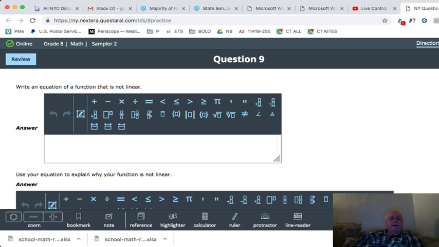Okay, question number 9. Oh, this is a cute one. Write an equation of a function that is not linear. So let's just kind of beat this around. y equals mx plus b is one that's linear. Now b can be 0, and so can m.